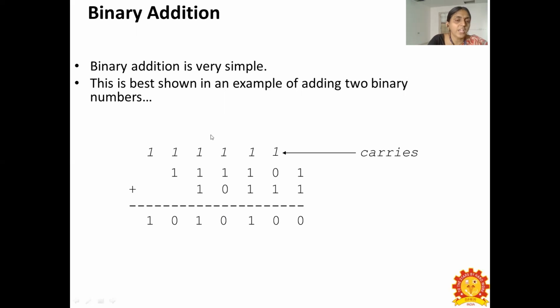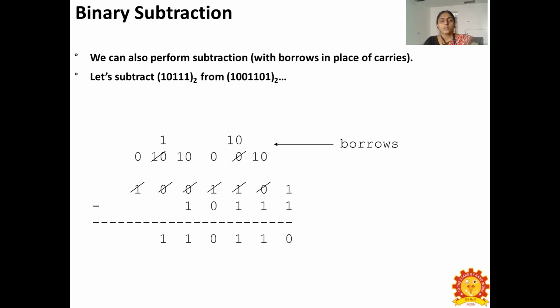Here we get 1 again with carry 1 and here we are getting 0 with carry 1. So in total the addition result is 1010100.